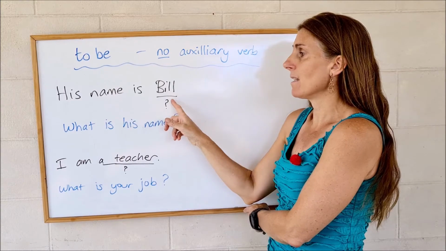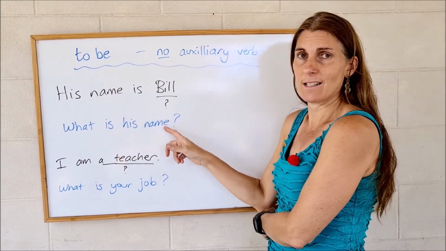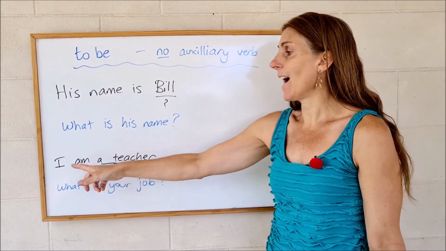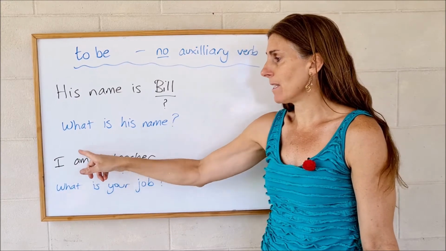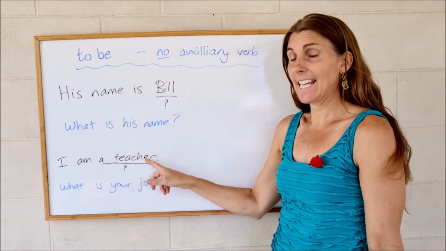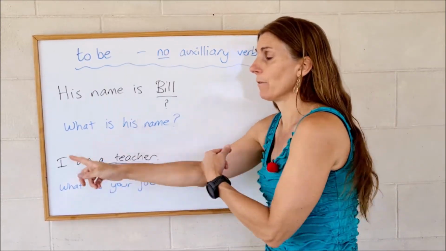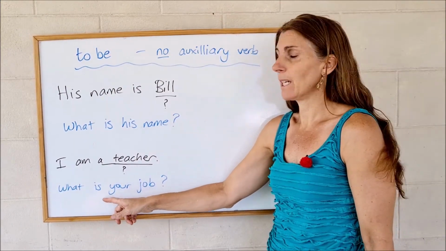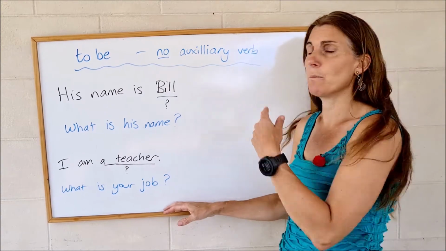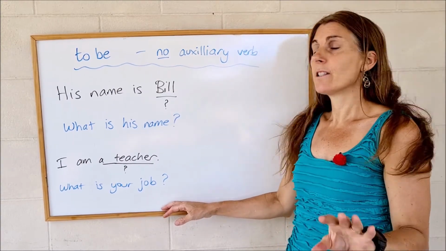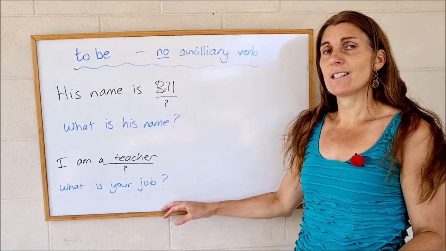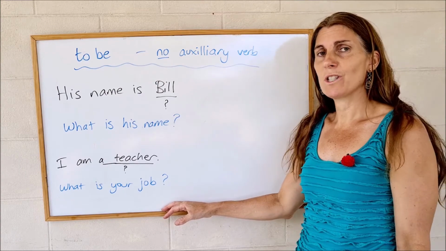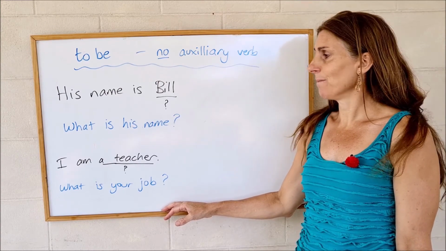So his name is Bill. What is his name? Well, here I am a teacher, so am is the verb to be. It's again an object question, so we have to flip it, but same verb to be. Because it doesn't need any help, the verb to be is very strong. So if the main verb of a sentence is to be, we don't need an auxiliary verb in the question.